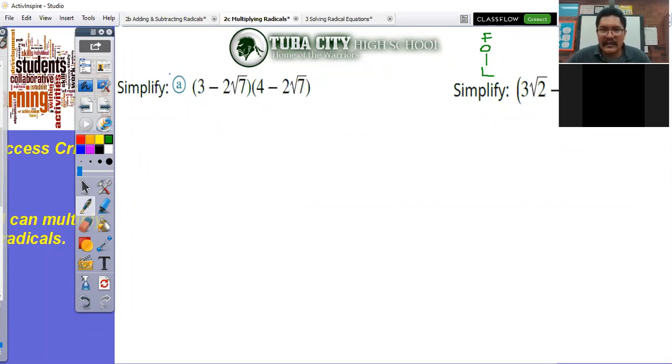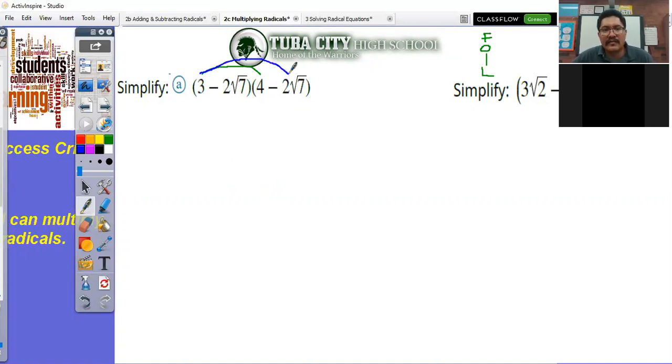Now FOIL is a way of memorizing some steps, because what we need is a strategy, kind of like a guideline to follow. What's happening is this 3 here needs to be distributed just like we did the distributive property on the last slide.